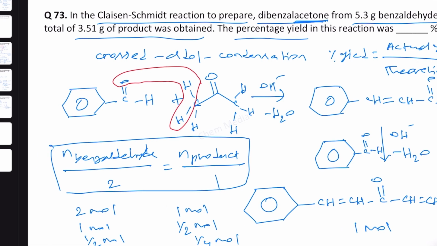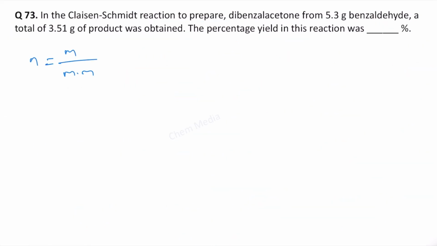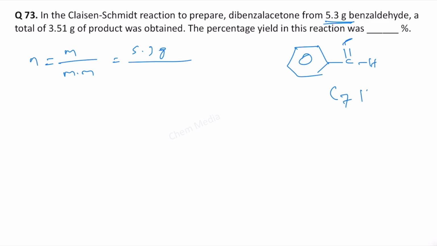So let's find out the number of moles of benzaldehyde. We know that number of moles is equal to mass divided by molar mass. Mass given here is 5.3 gram. So 5.3 gram divided by the molar mass of benzaldehyde. We know that the molecular formula is C7H6O. So 7 times 12 is 84, and then 6 times 1 is 6, and then 1 times 16.